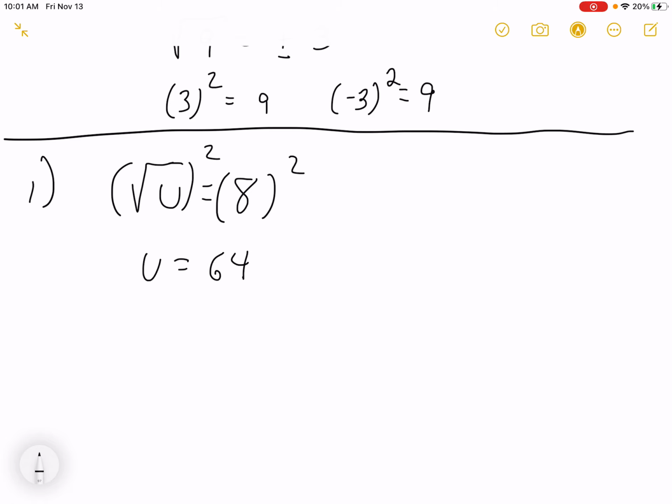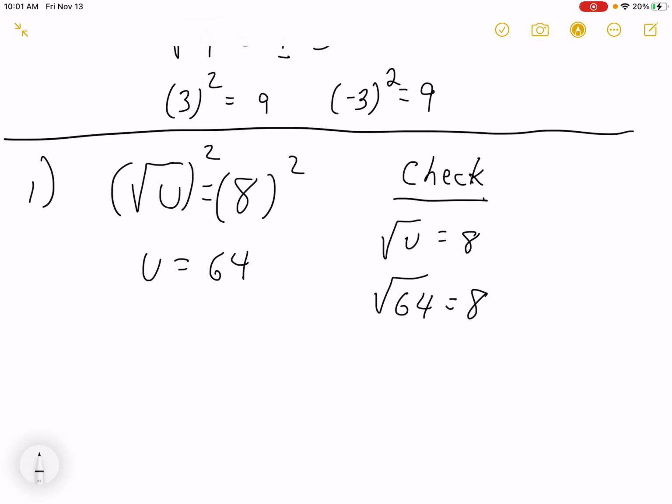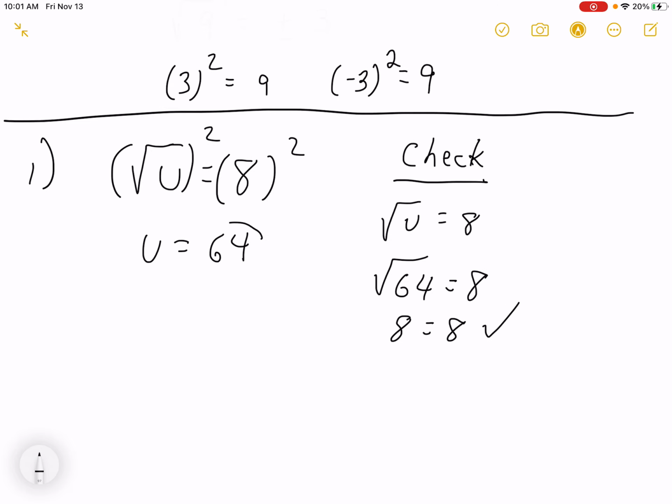Again, we need to check and make sure that the 64 is not extraneous. We take our equation, square root of u equals 8, and substitute in 64 for u. Square root of 64 equals 8. Square root of 64 is 8, so 8 equals 8, and it checks out. So our solution is not extraneous here.